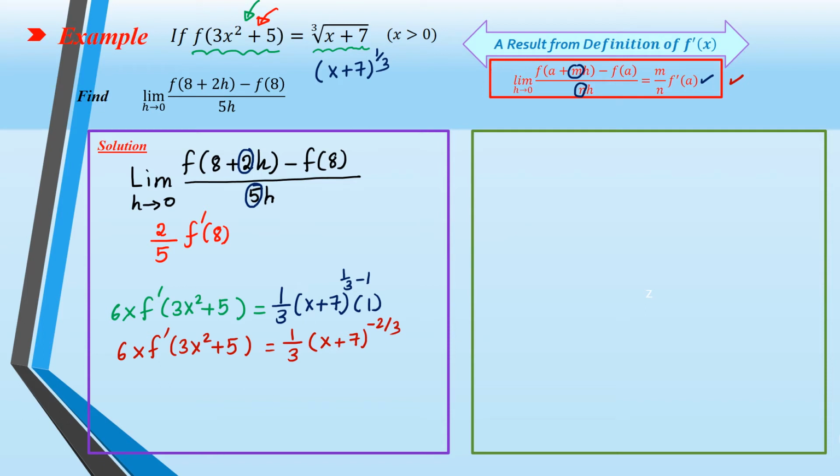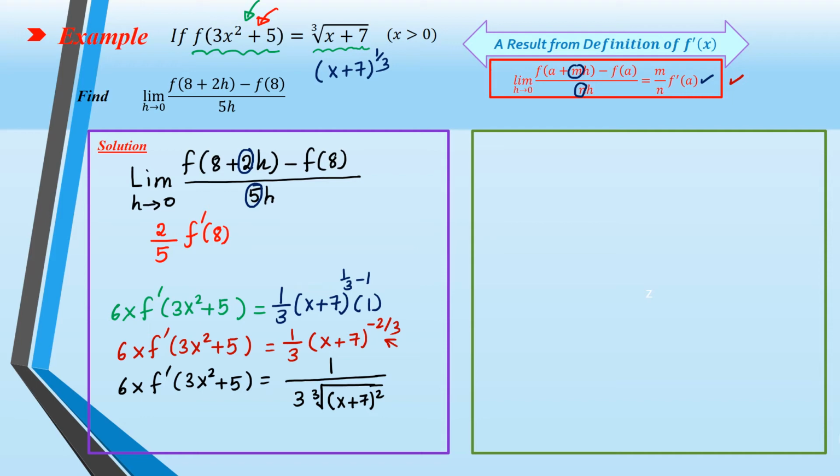Now you can write this expression down because we have a negative exponent, and we will get that 6x f prime of 3x squared plus 5 equals 1 over 3 times x plus 7 to the 2/3, and we can write it as a radical, as the cube root of x plus 7 squared.